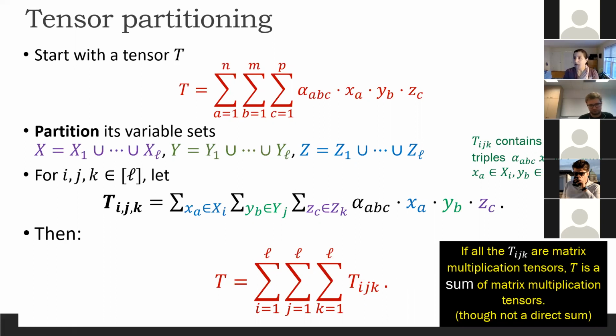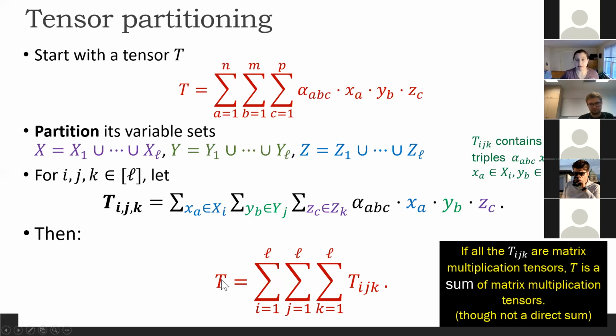Then your goal will be to get rid of some of these matrix multiplication tensors, so that what you end up with is a direct sum. And then you will have what we want: you can zero out the tensor t into a direct sum of matrix multiplication tensors.